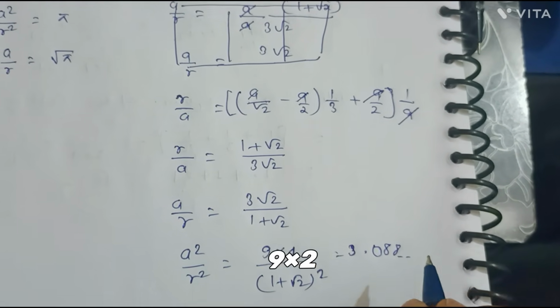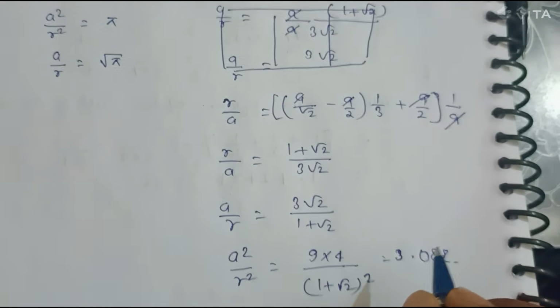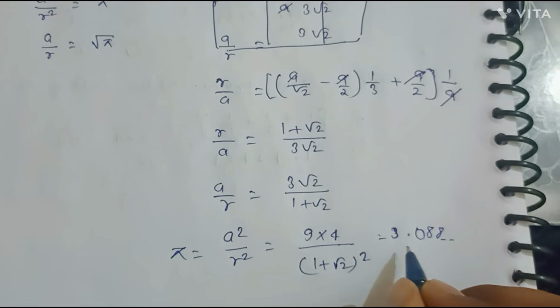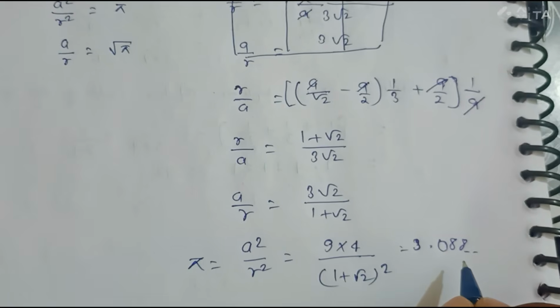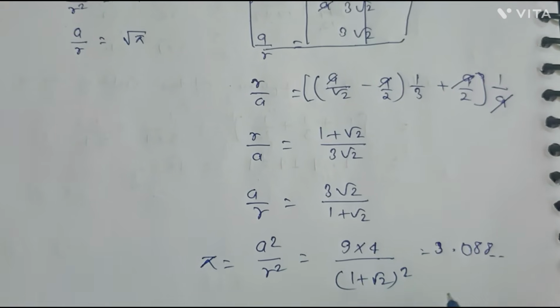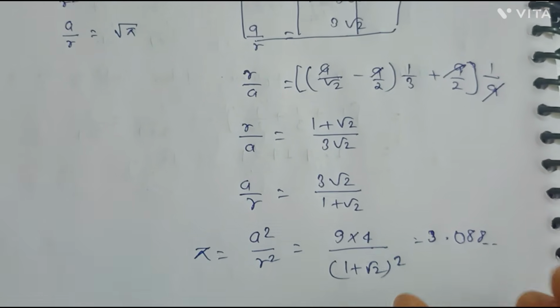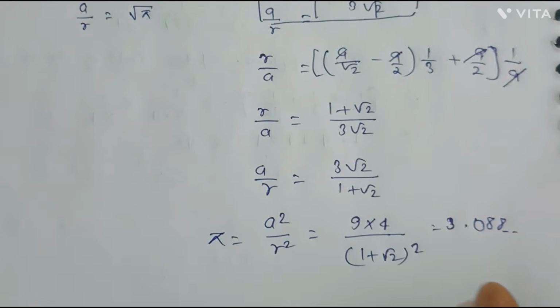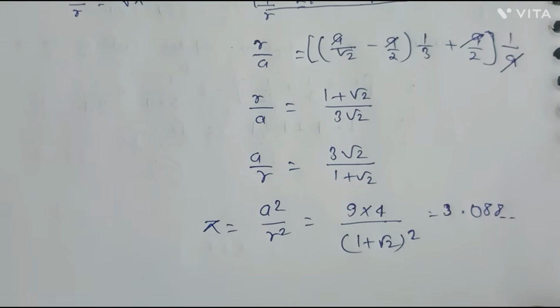So in this way the people found the value of pi up to 3 digits, that is 3.088. Anyhow, this wasn't correct to a great extent, but in the later period they found the value of pi with much more precision.